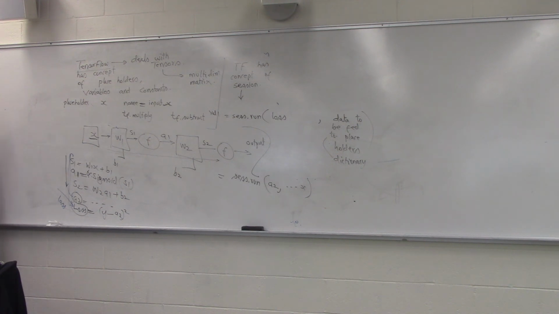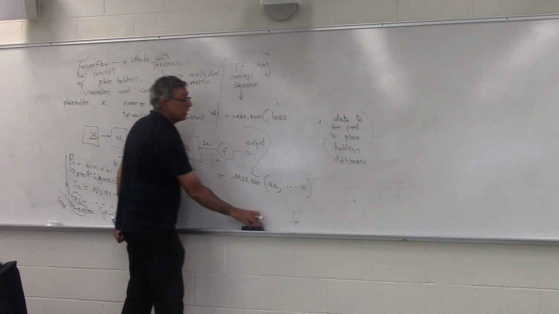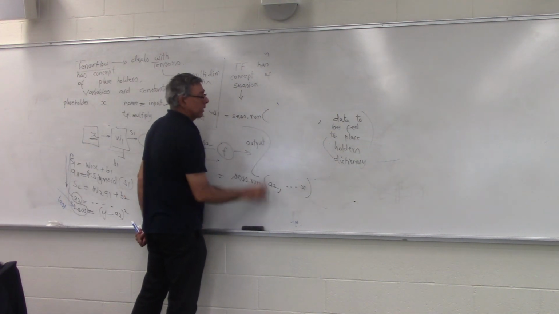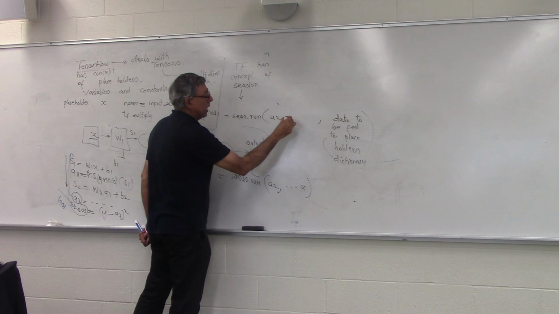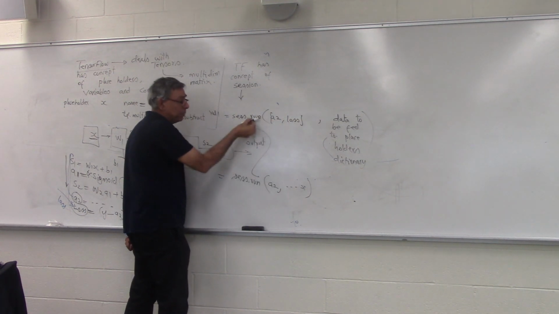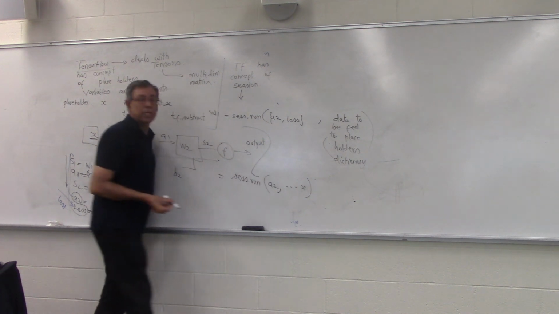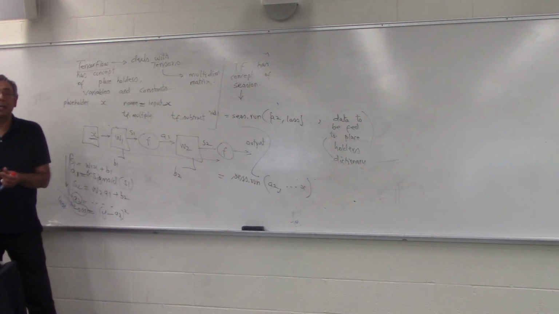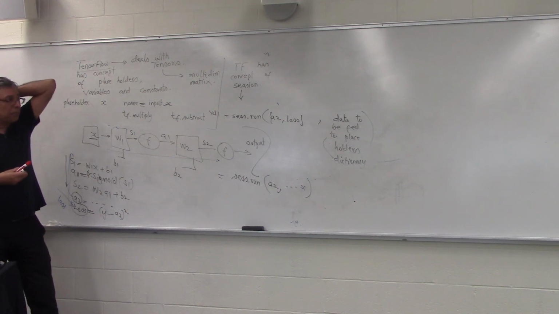We didn't want it to run twice. We wanted A2 to be given to us while it was computing the loss. So the easy way to do that is to ask for two things: ask for A2, ask for loss. Because if you did it in two separate statements, like I said, it's executing the whole graph again, which you don't want to do. Okay, so those are a couple of small concepts.